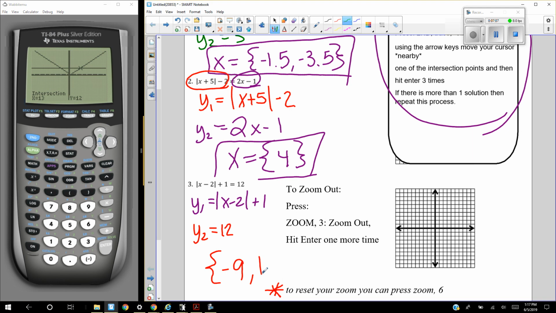Remember, as long as you've typed it in right, graphing will never give you a false positive. It'll never give you an extraneous solution. So those 2 solutions, it doesn't hurt to check your answer just to make sure you haven't made a calculator typo. But if you've typed in everything right, those 2 are definitely solutions to this problem.